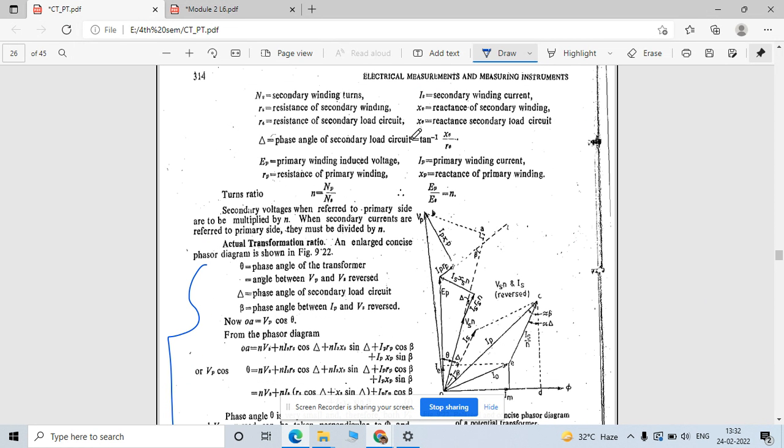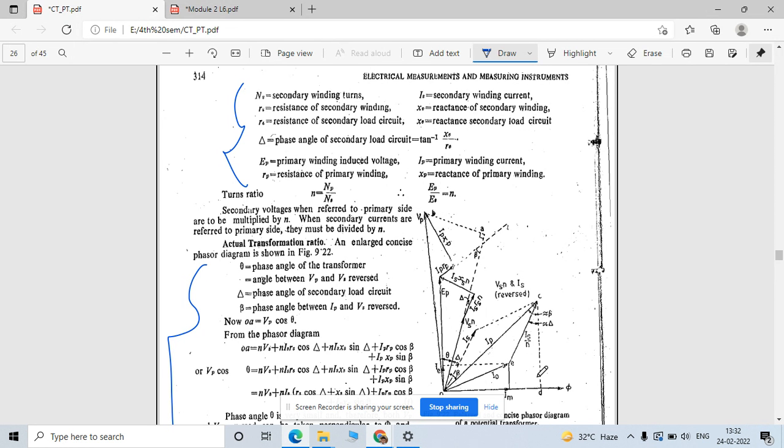There are some parameters which are defined here. Okay, so mark all the parameters, for example this angle of the secondary loaded condition, which is specified in terms of this theta here. So this is nothing but your angle between this, no theta.